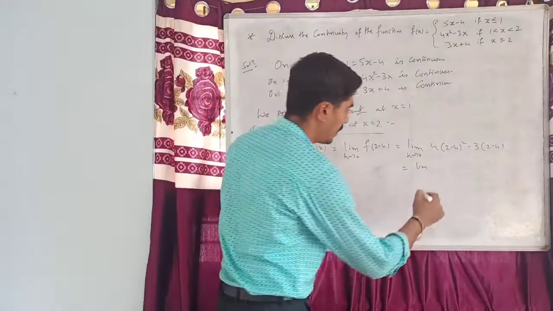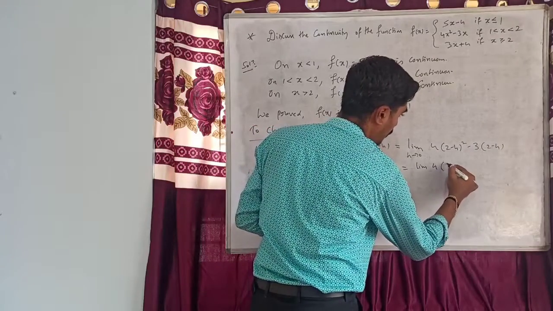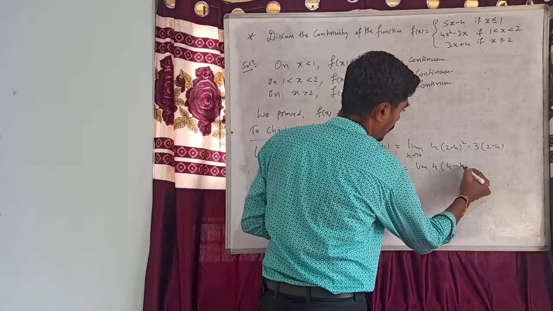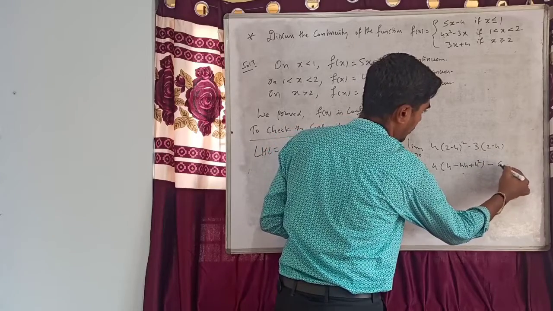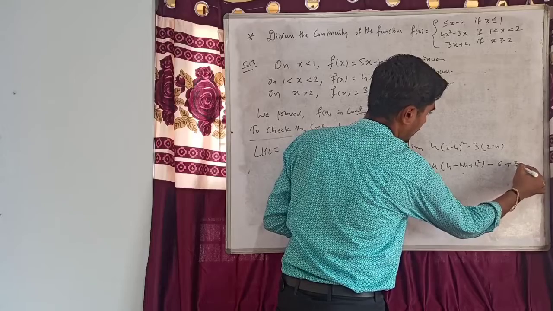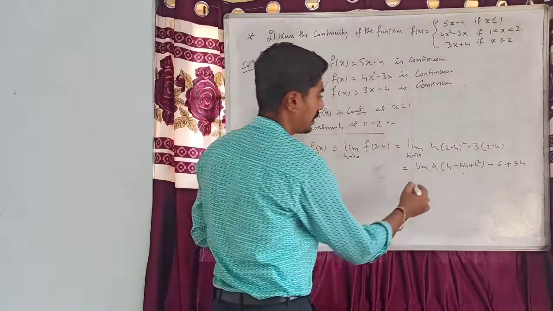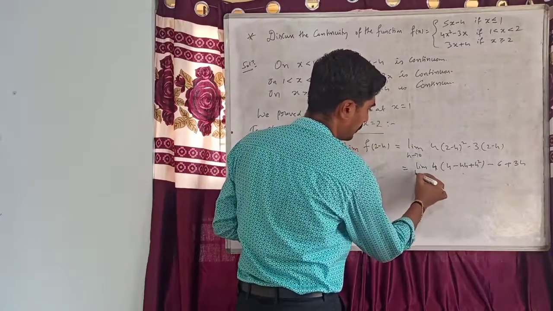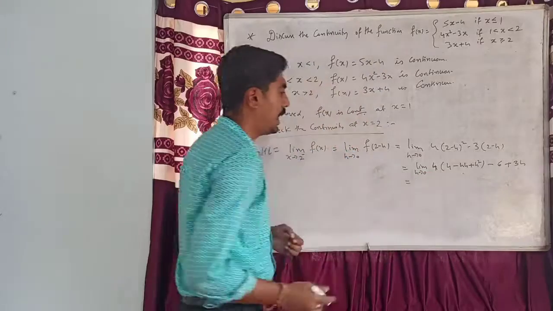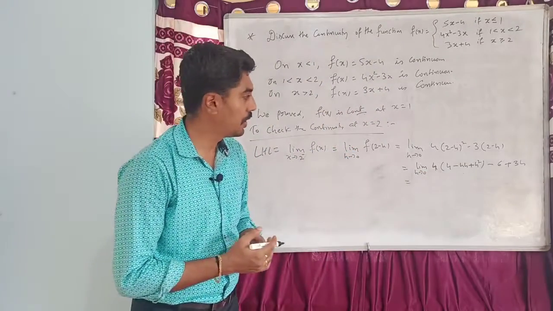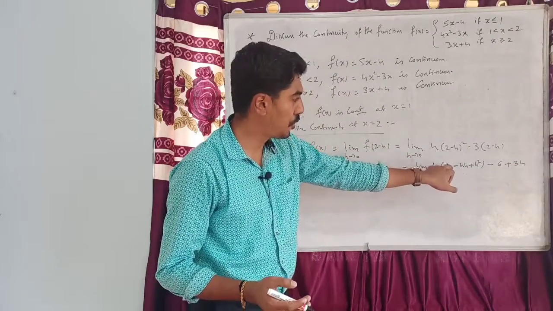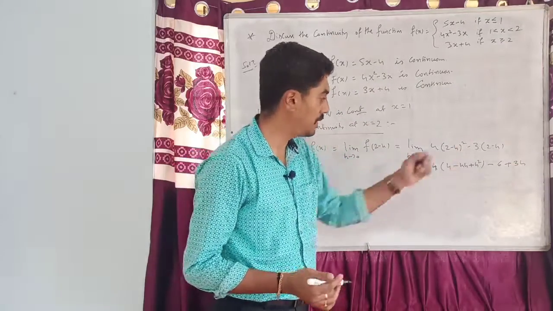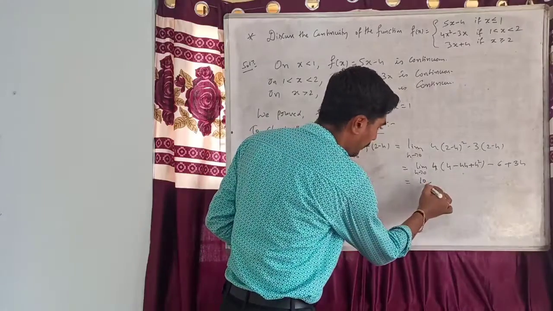And this is equal to 4 into 4 minus 4h plus h square minus 6 plus 3h as h tends to 0. If I take limit as h tends to 0, I get here 4 into 4, 16. 16 minus 6 is 10.